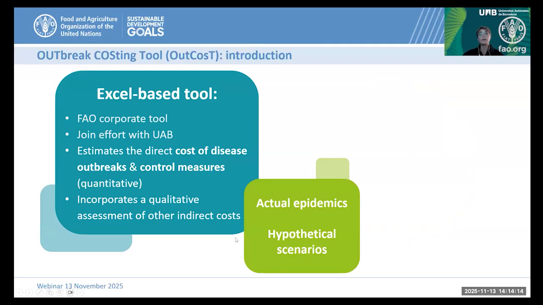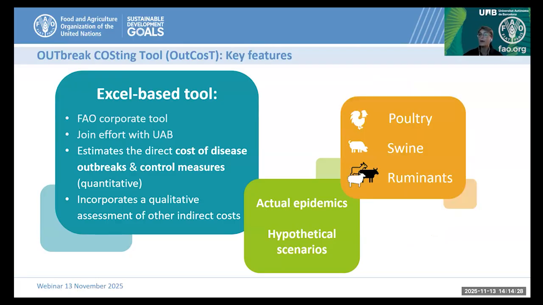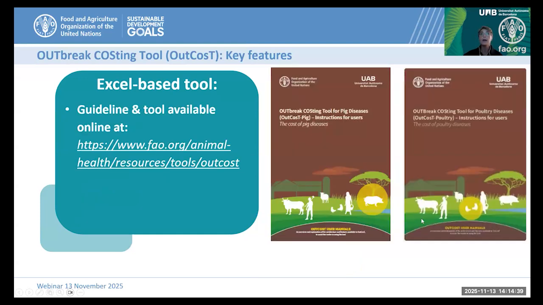The tool can be used retrospectively to calculate the cost of actual epidemics, but it can also be used to create scenarios and test hypothetical management strategies. It is species specific. We have different versions, one for poultry, one for swine, and then one for ruminants.